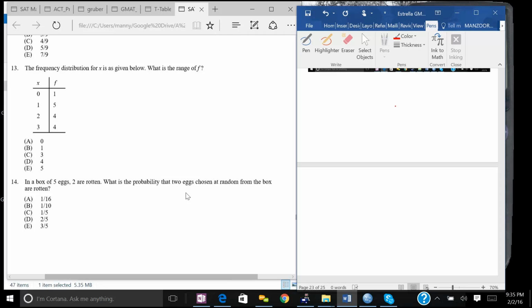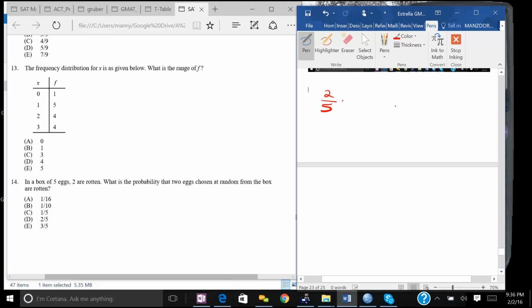D. D as in dog. See, what's the chance of getting the first egg rotten, right? We have two choices. You can choose one egg or you can choose two at a time. If you choose the first one and then the two, is E the answer? That's what I'm confused about. When you take the first egg, you have a chance of 2 out of 5, right?